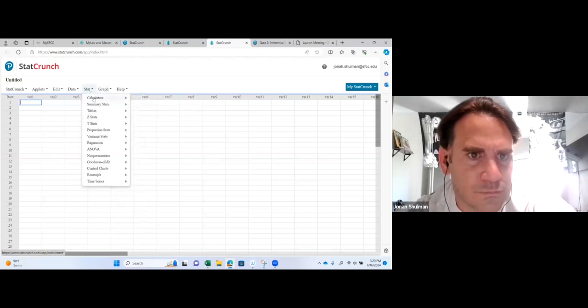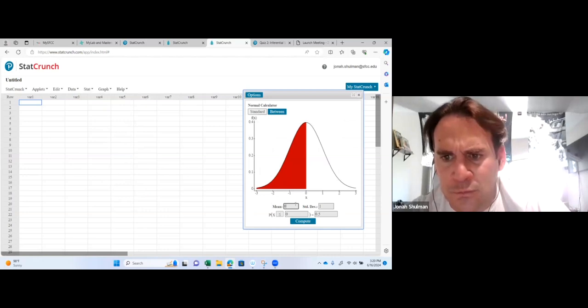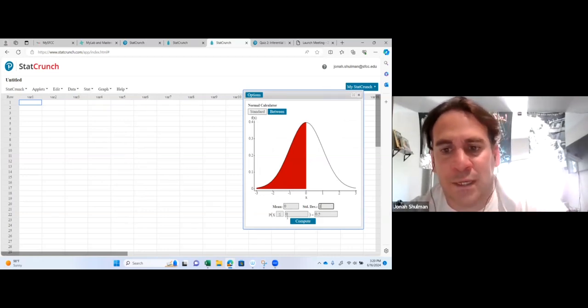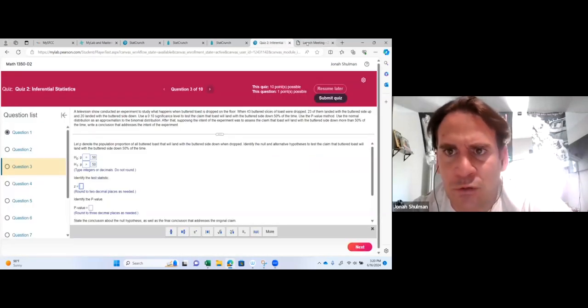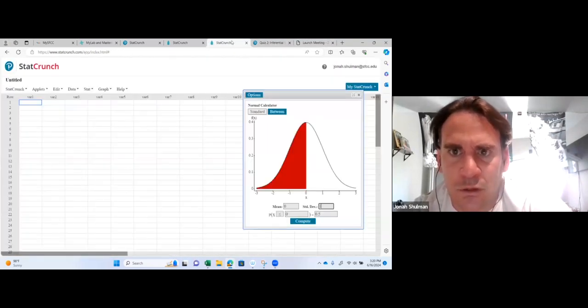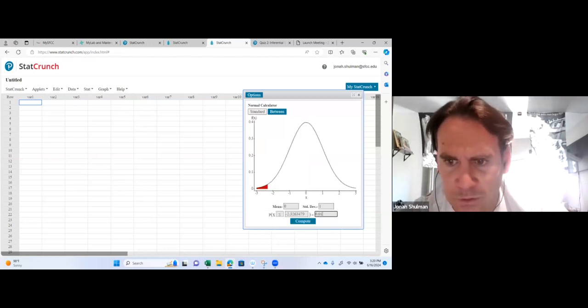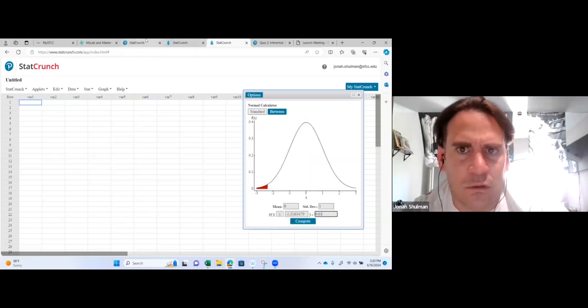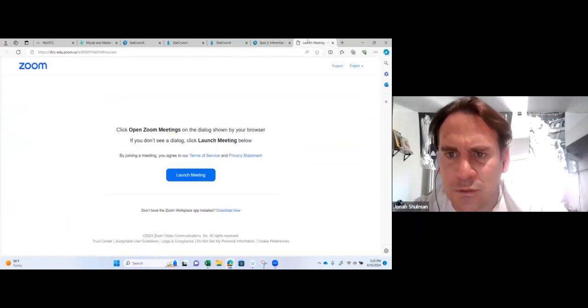So that's the normal distribution. Oh, so we don't need the degrees of freedom. We're one-tailed, and we're doing this at the 0.10 significance level.